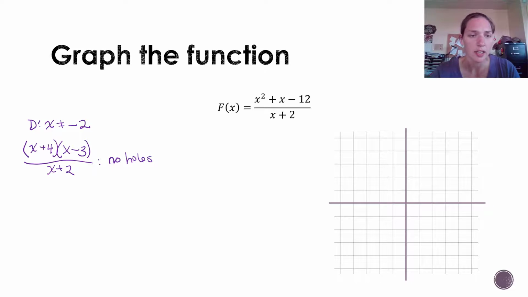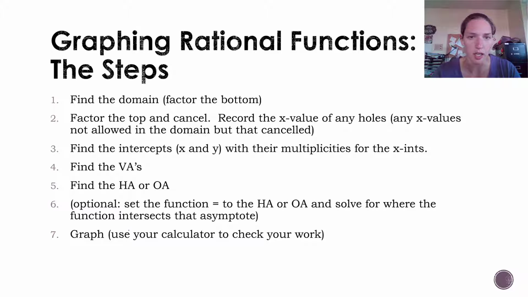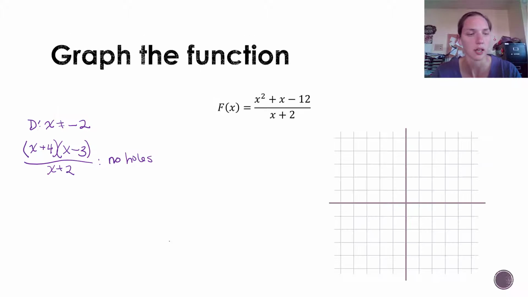All right. The next thing it said was intercepts. Okay, so the x-intercepts are going to come from the factors of the top. So x equals -4 and 3, and y is going to come from putting in 0 for all the x's. I think I'm going to get -6. If I put 0 in, I get -12 over 2. That should give me -6.